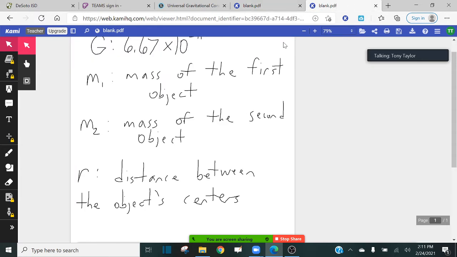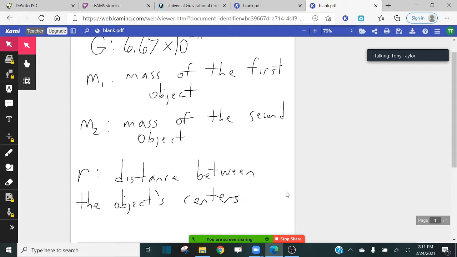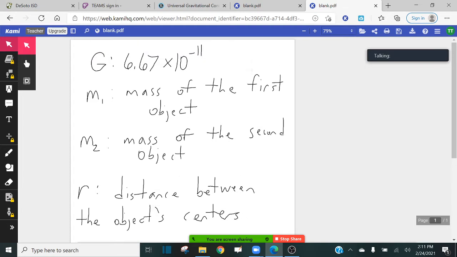Times M1, which is the mass of the first object, times M2, which is the mass of the second object, divided by R squared, where it's understood that R is the distance between the object's centers. Okay. So hopefully everybody got that. I want to be sure I go over what each of these variables mean before we start working out problems.